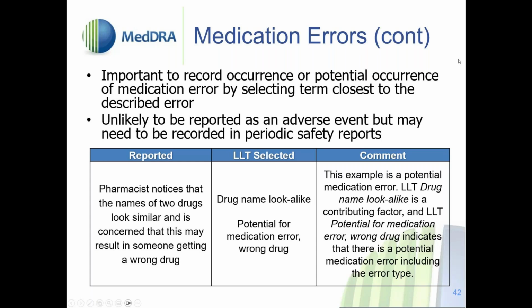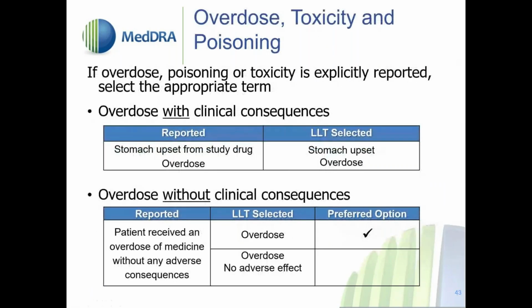Let's talk a little bit about overdose, toxicity, and poisoning. These are all important concepts, and they are important to be coded in MedDRA as long as they are explicitly mentioned in your report. So if you have an overdose with a clinical consequence, again, the clinical consequence is important to be captured separately.